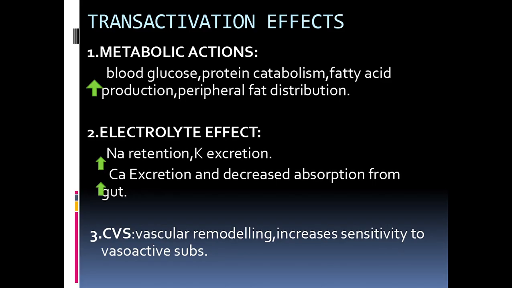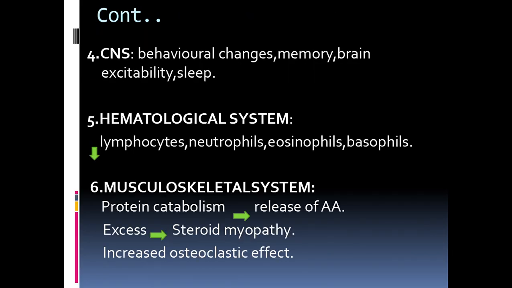Then in the cardiovascular system, it is involved in vascular remodeling and increases sensitivity to vasoactive substances. In the central nervous system, it can cause behavioral changes and affect memory, brain excitability, and sleep.